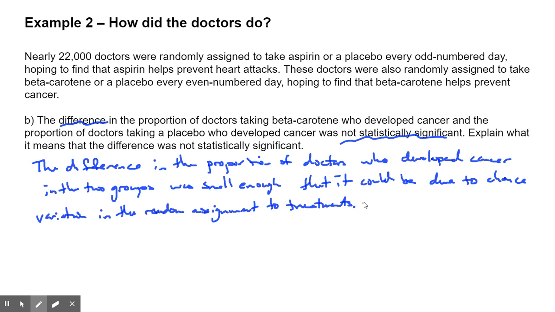So again, this statistical significant kind of problem is the same thing as the convincing evidence type of problems. And again, notice we say was small enough that it could be due.